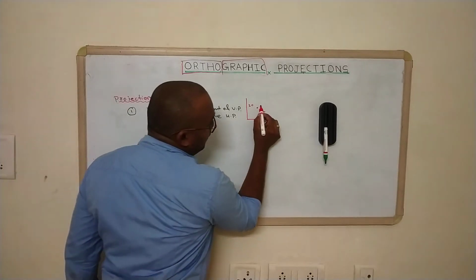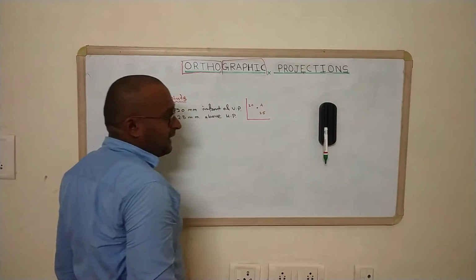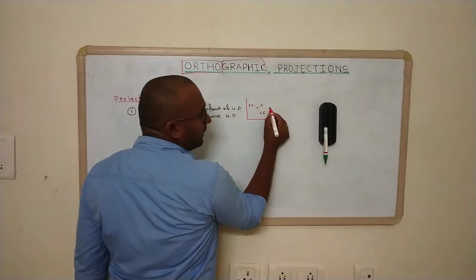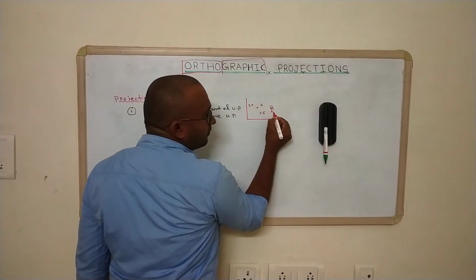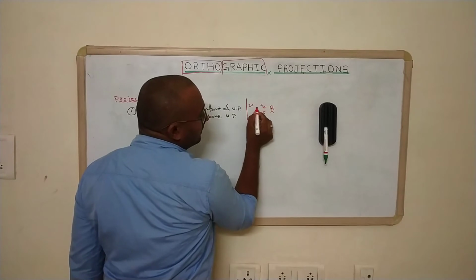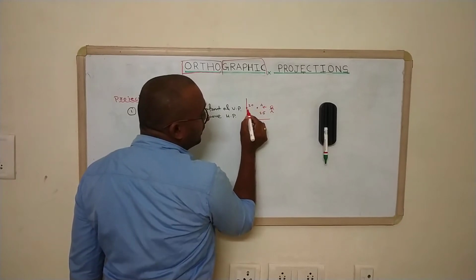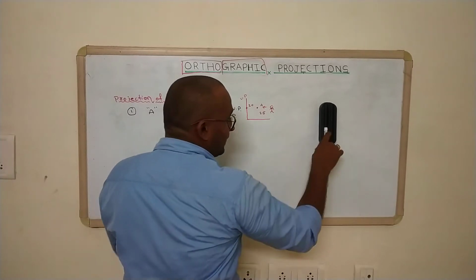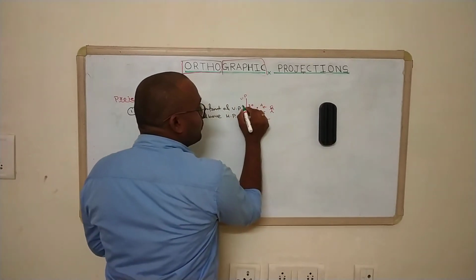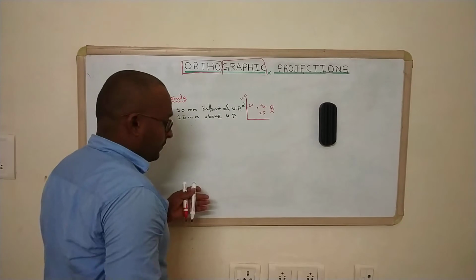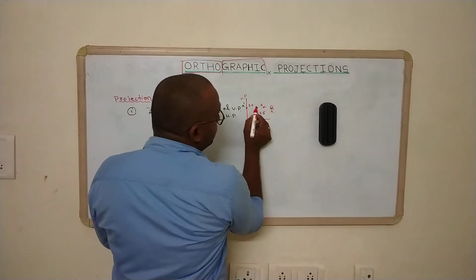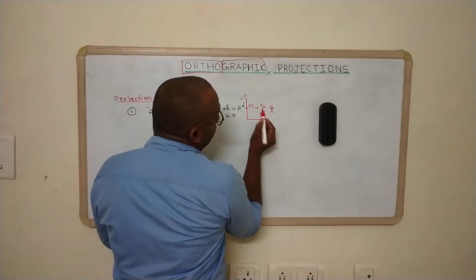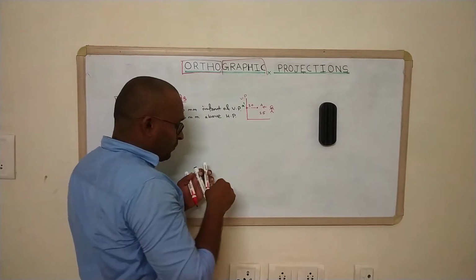So here this is the point A. When we see from the front view, automatically the front view will be projected onto the vertical plane. So here this is the A dash. We can observe that this is the projector and we will get the front view.